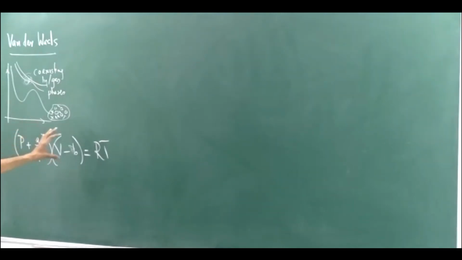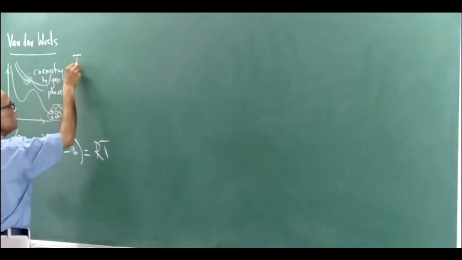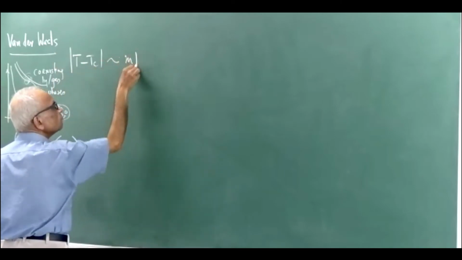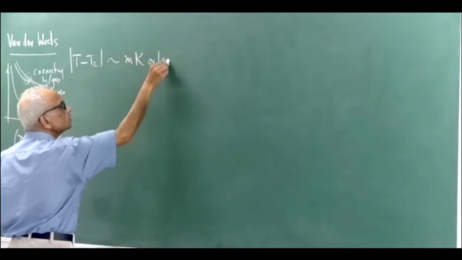So it describes this critical point all right, but does not, without talking about the fluctuations which are inherent in this description, that we are talking about |T - Tc| being of the order of millikelvin or less.